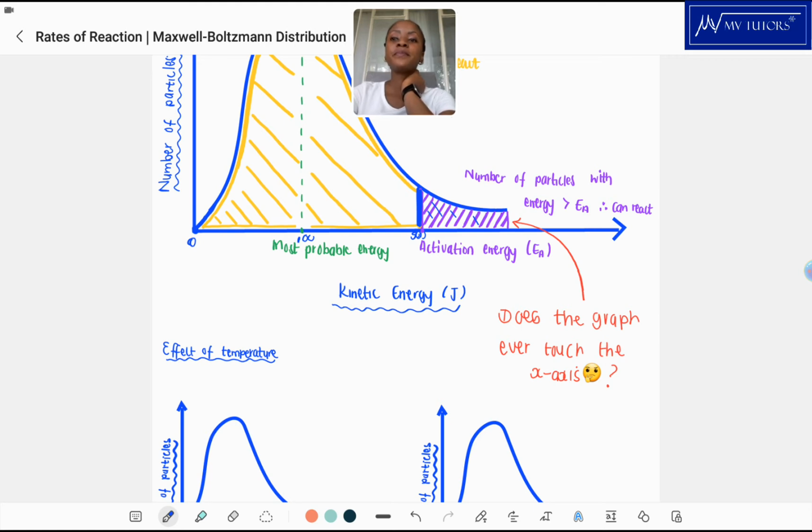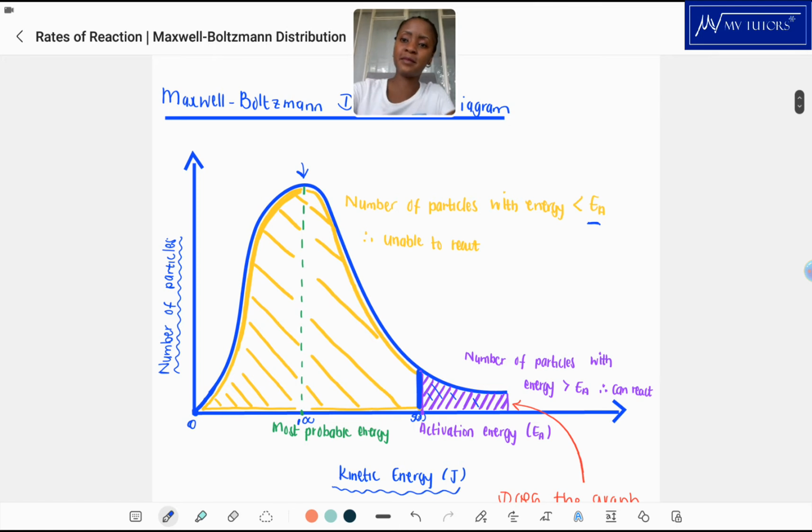If you think about it, it will want to touch the x-axis, but the number of particles that get to that energy is quite little. Let me try to sketch it again.